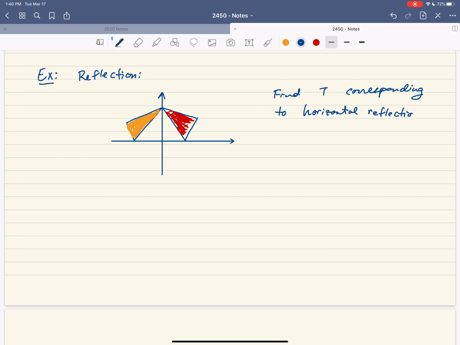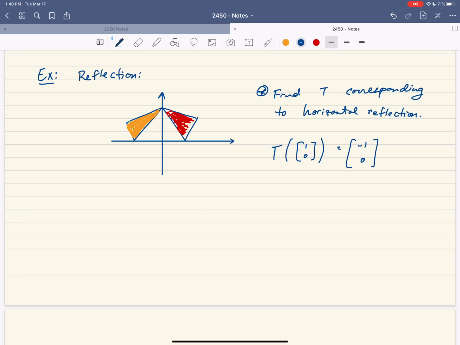Okay. And this is a perfectly straightforward exercise now, but it underlies that what you really need to understand is what happens to the unit basis vectors. And if you do that, you know everything about the linear transformation. So if we want to talk about reflecting (1, 0) across the y-axis, all that's going to happen is we're going to get (-1, 0).